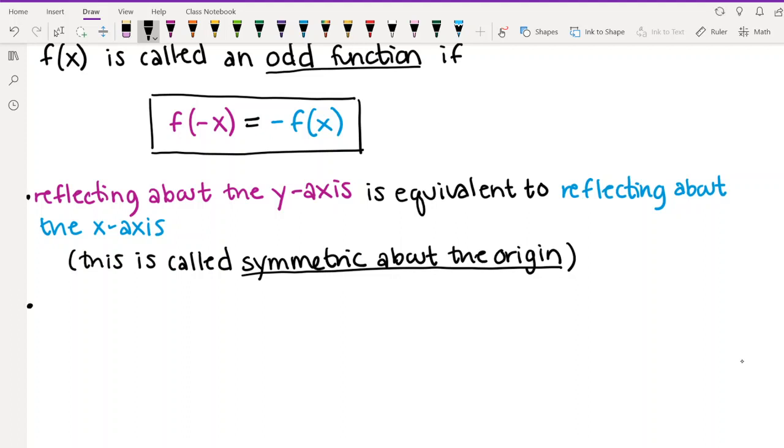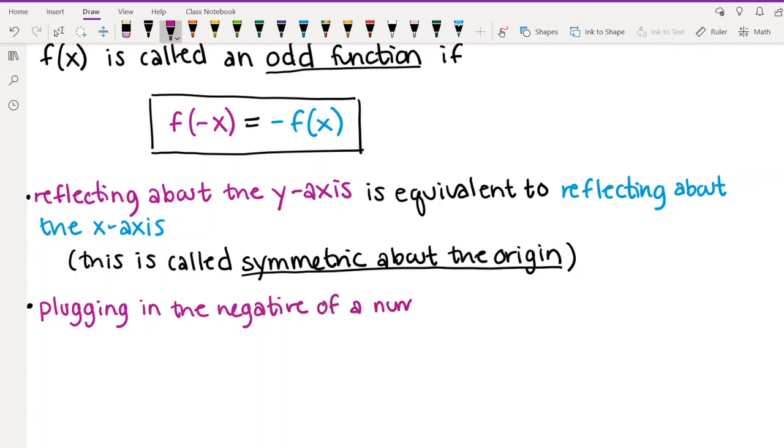One other thing: when we were talking about even functions, we also interpreted the thing in the box not as a statement about reflections, but instead as a statement about plugging in numbers. I want to do the same thing here. So what is this saying? Well, f of negative x would mean plugging in the negative of a number x gives the same result.